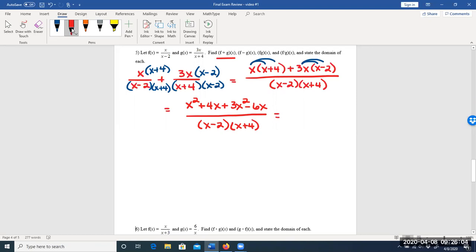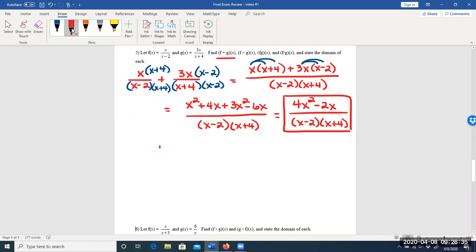And then combining like terms, I have 4x squared minus 2x, and then all over x minus 2 times the quantity x plus 4. Now, if you want to factor out a 2x from the numerator, you can, but it will not help to reduce this at all. So it is not necessary unless you really want to.